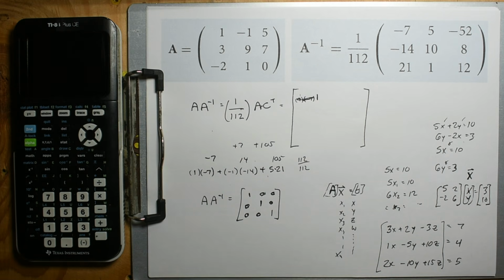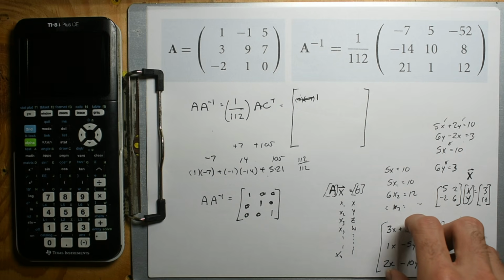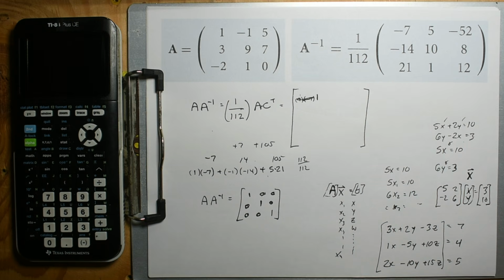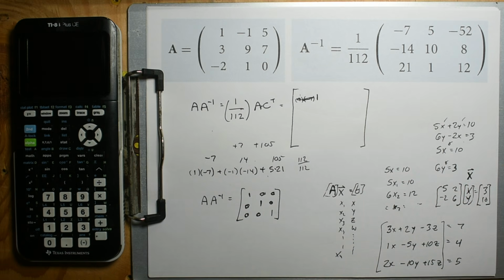Do it engineering style. No one taught me matrix algebra, which is a shame, but not really, because if you're just doing 3 equations, 3 unknowns, I think matrix algebra is going to cause you more mistakes. You'd for sure have to double check.